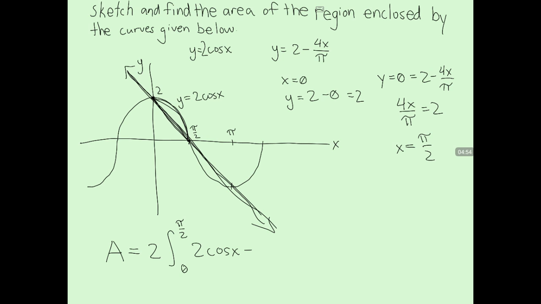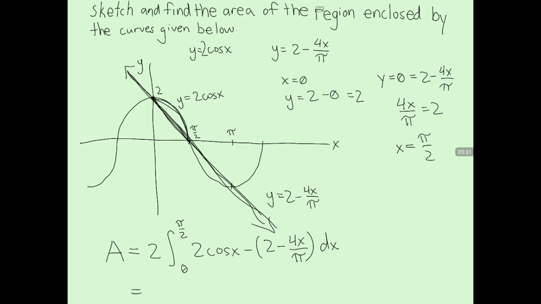And the function on the bottom is this line, which has the equation y equals 2 minus 4x over pi. So we'll just subtract that from our top function. And we are integrating with respect to x. So right now, we're going to try to solve this integral. We're going to first anti-differentiate. So we're going to see what function has a derivative that is equal to this.